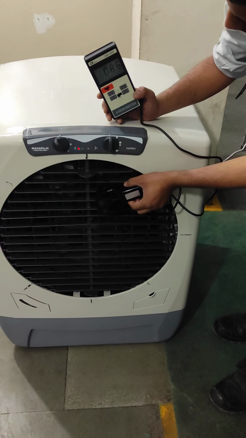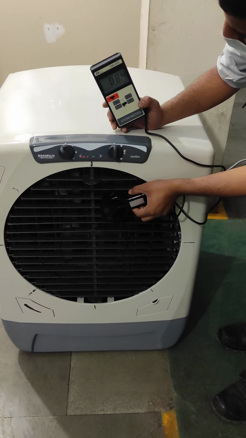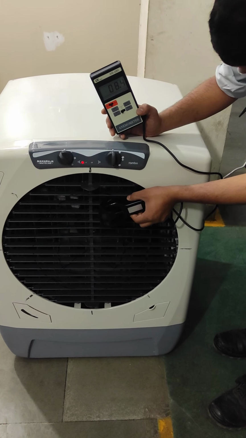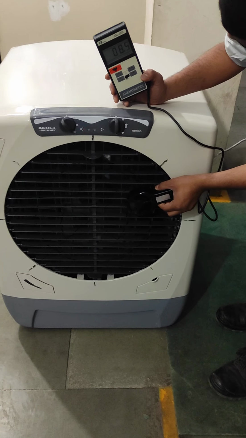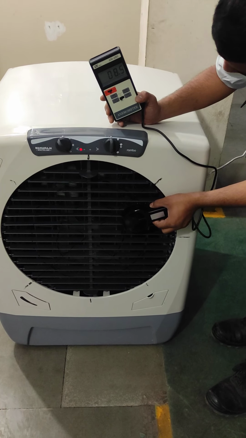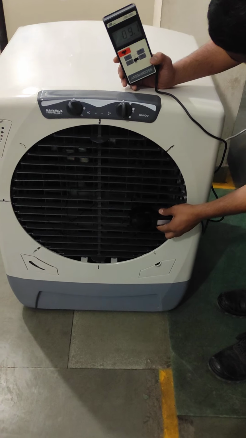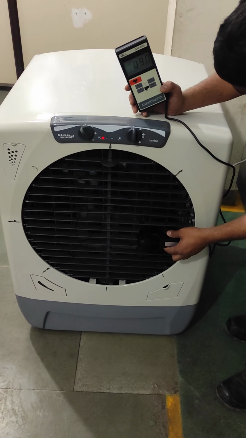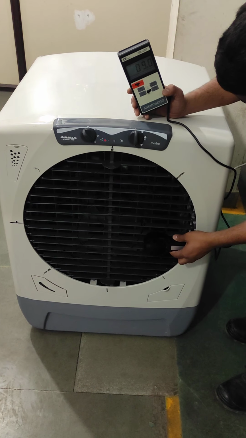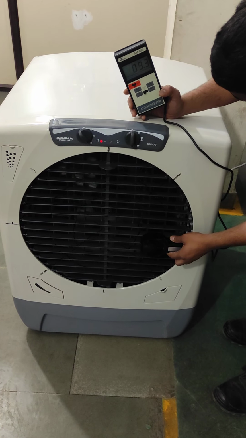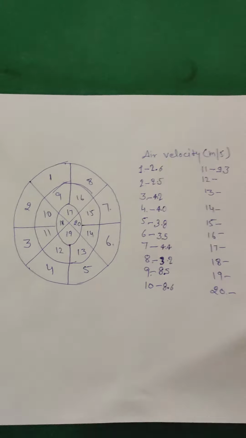3.21. 8.5. 8.6. 9.3. So we note down the readings on this notepad for each portion. 9.3. 8.8.